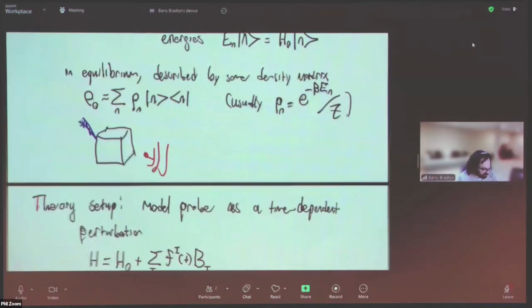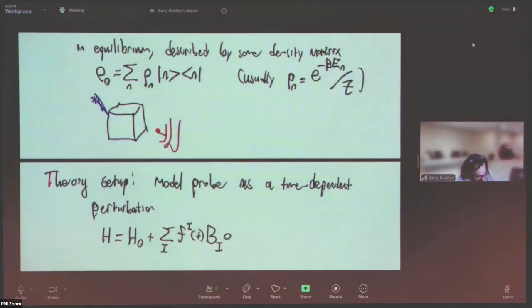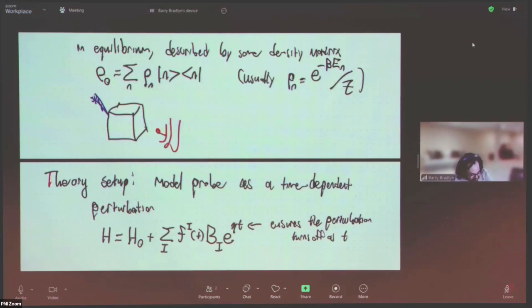In our time-dependent perturbation, we'll add a factor of e to the eta t, where eta is a small number, and at the end of all of our calculations, we'll just take the limit that eta goes to 0. So this factor, e to the eta t, ensures the perturbation turns off as t goes to minus infinity.